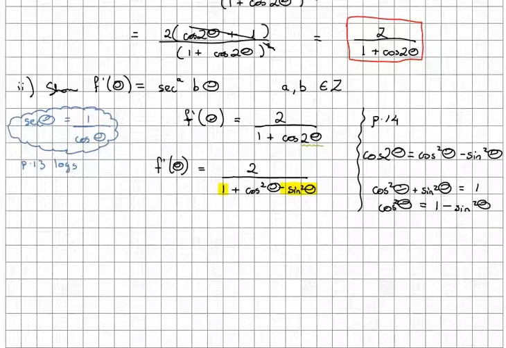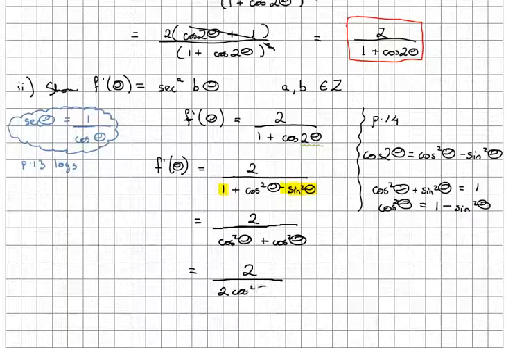Okay, I know it sounds easy when I'm doing it like this, but trust me, you do get better at these with practice. So 2 all over, well, the highlighted stuff now is just cos squared theta. There's another cos squared theta left.